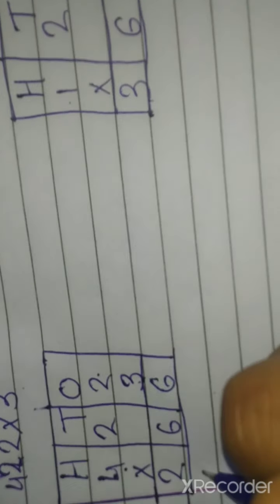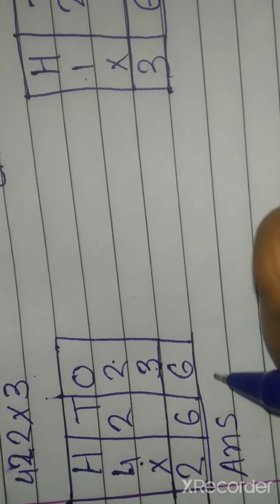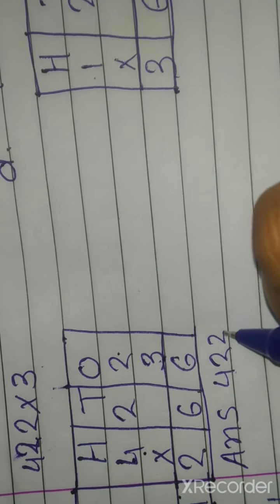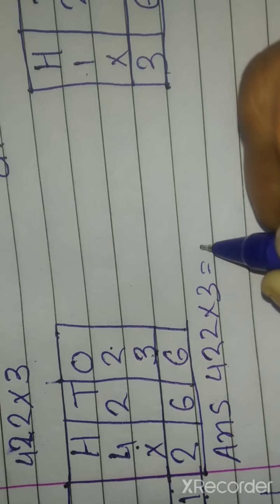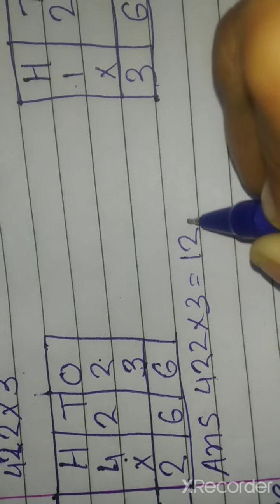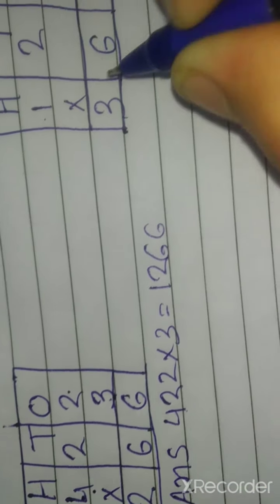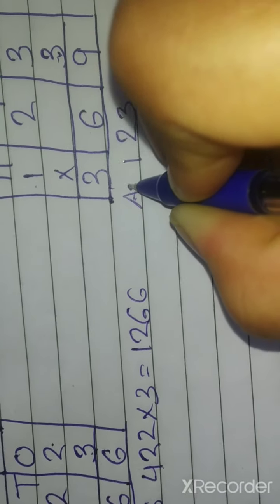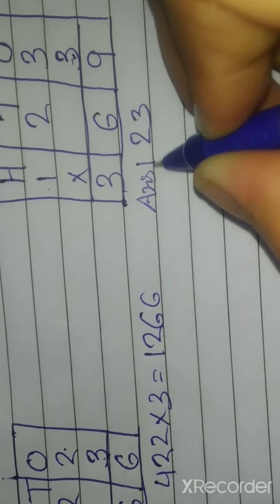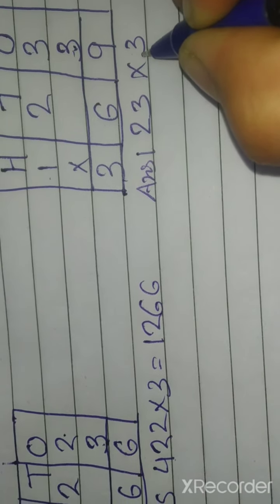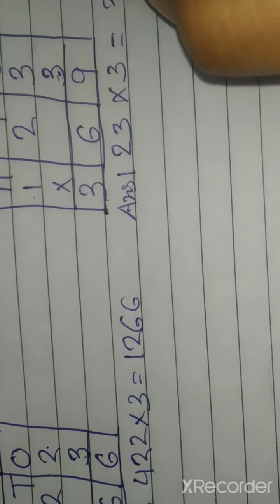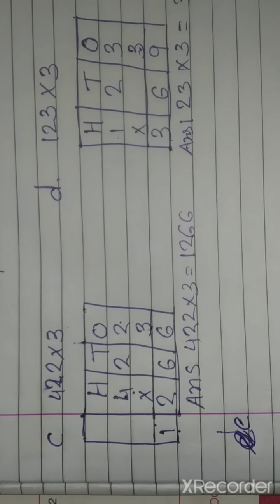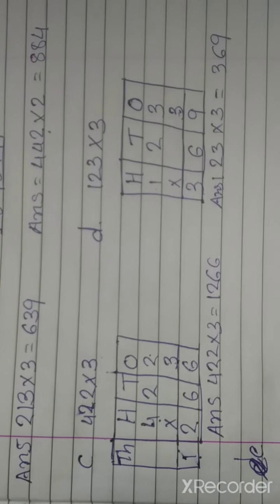So here we have to write the answer. 422 into 3 is equal to 1266, and 123 into 3 is equal to 369. Now look at these sums and write them down in your notebook.